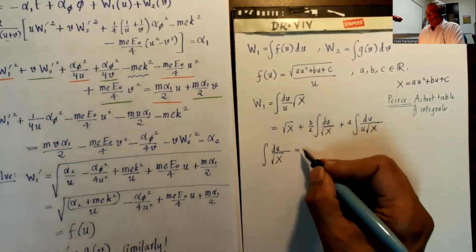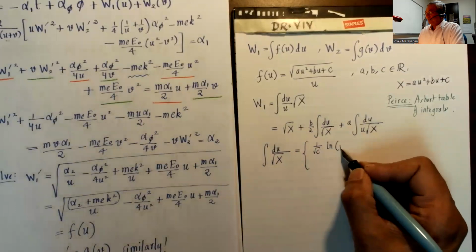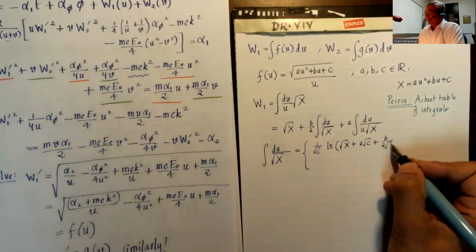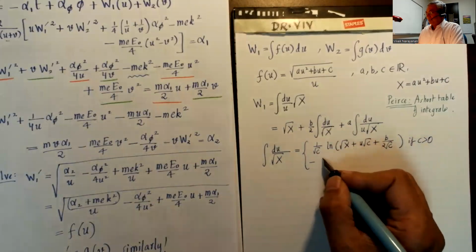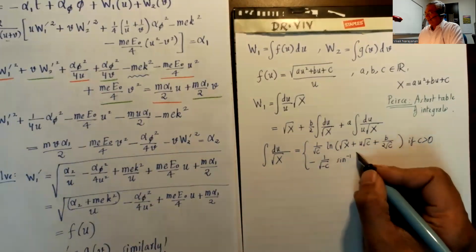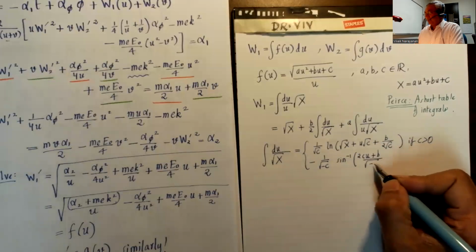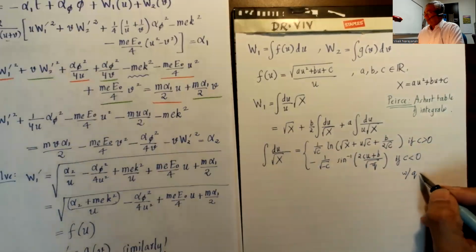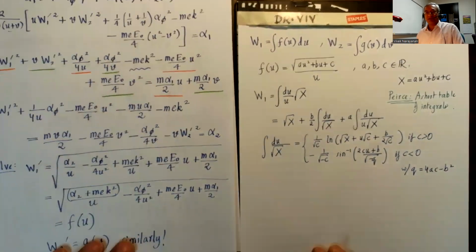So from the book of Peirce, I get integrals of this type are 1 over root c natural log of root X plus u root c plus b over 2 root c if c is bigger than 0, and it's equal to negative 1 over the square root of minus c arc sine of 2cu plus b over the square root of minus q if c is less than 0, and here q is 4ac minus b squared. Okay, the negative of the discriminant.